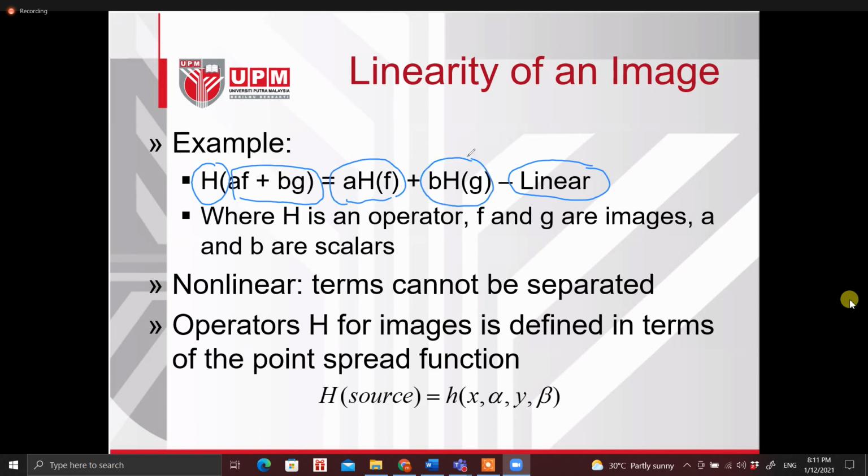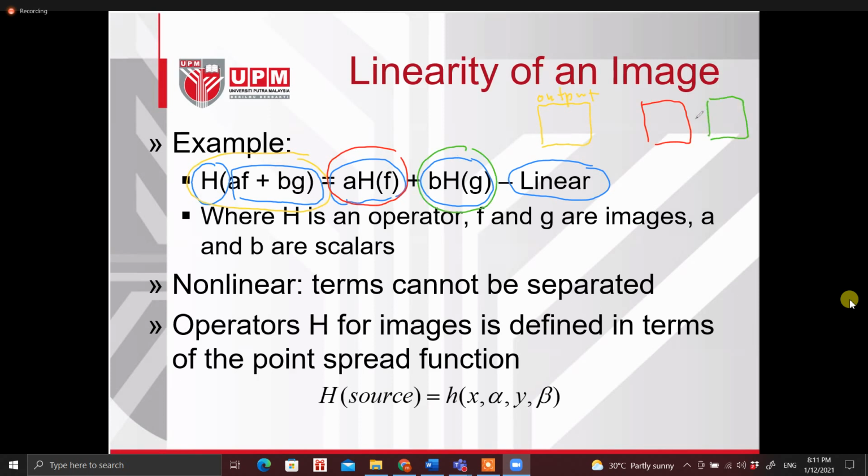If I may give you an analogy, the first part here is just one image, which we can call the output image. An image is considered linear if one output image can be separated into two terms: one is this image and another one is this image.